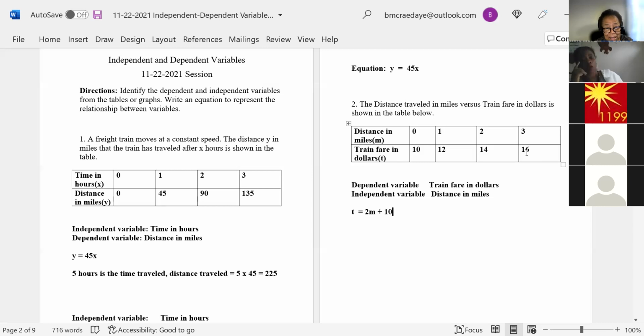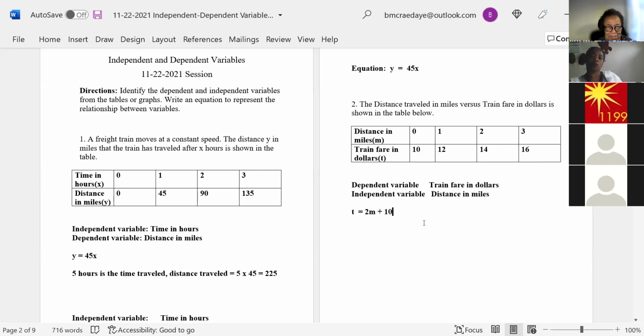If you went 10 miles, it will be 2 times 10 is 20, plus 10, 30. All right? So where the M is, next to the 2, you put in, let's say 2, you must get 2 times 2 is 4 plus 10 equal to 14.